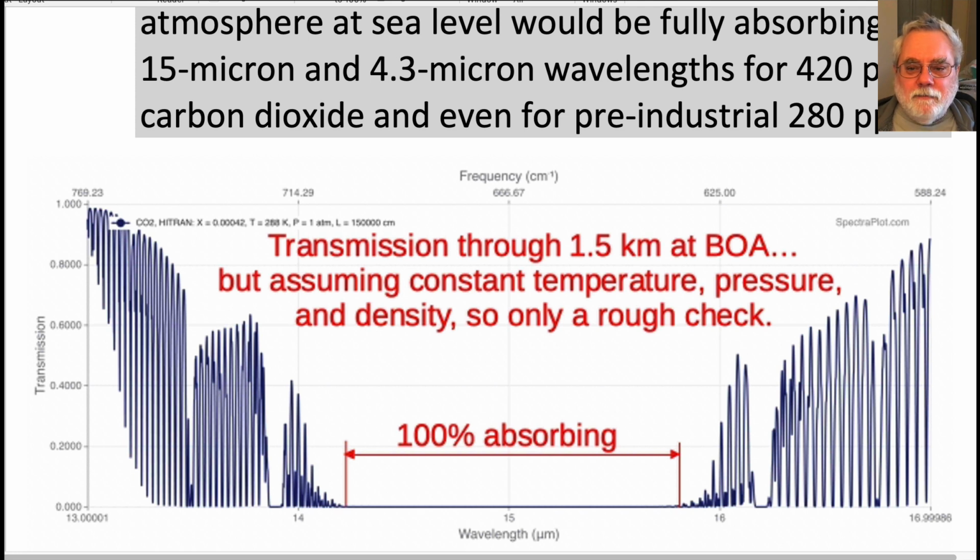According to my math, this would be 90% absorbed, not 50%, from Earth's surface to space, so there may be some things I don't understand or haven't accounted for, such as absorption cross-section dependence on temperature and pressure.